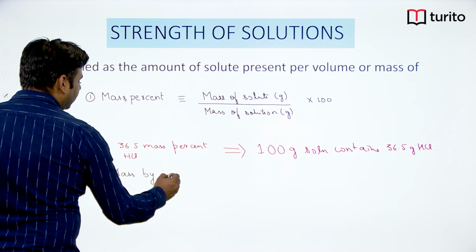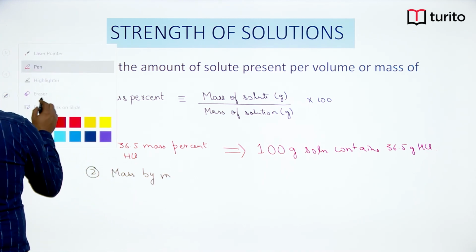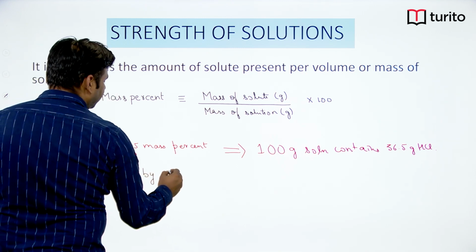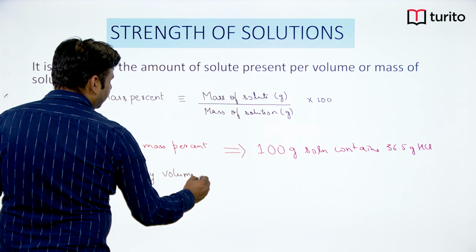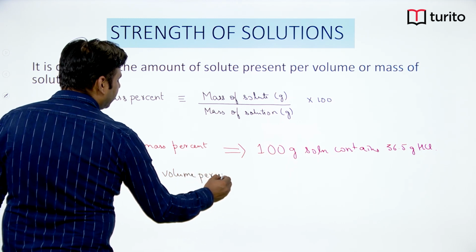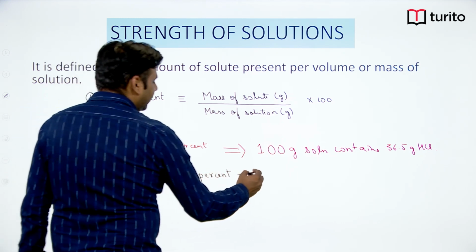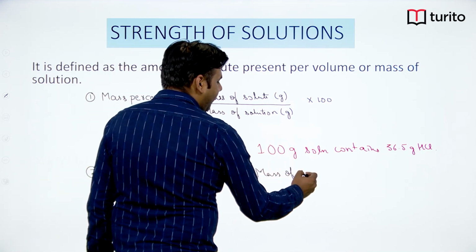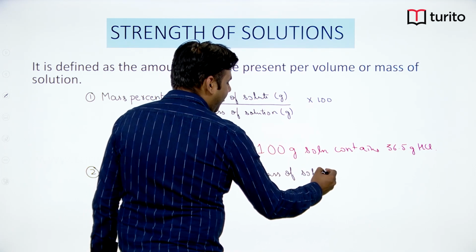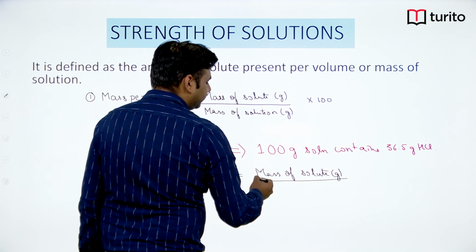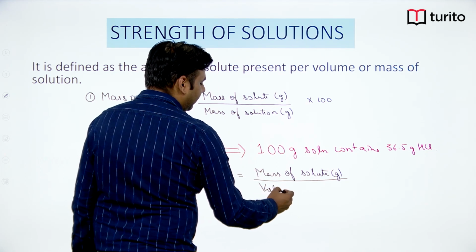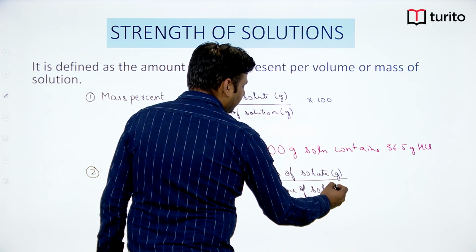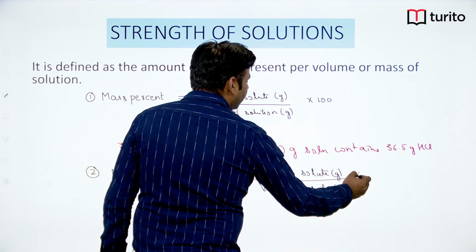This is also written as mass of the solute in grams divided by volume of solution in ml, into 100.